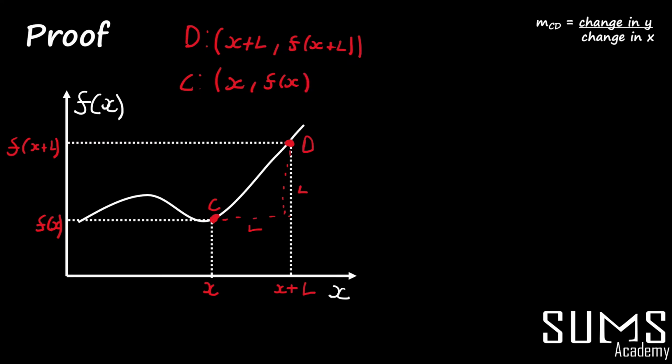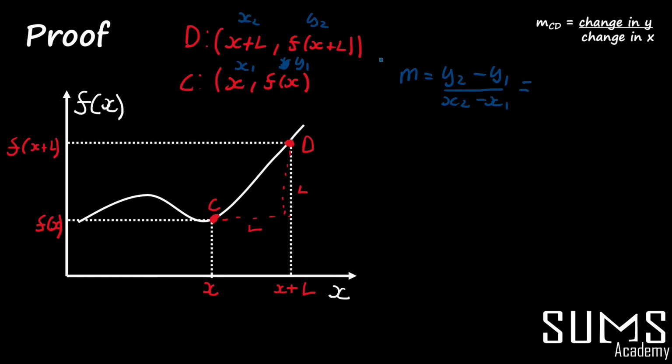So if we get our gradient formula out again, that's m equals y2 minus y1 all over x2 minus x1. So this is our x2 point here, and our y2 point here, and our x1 point here, and our y1 point here. So we'll just put these in.